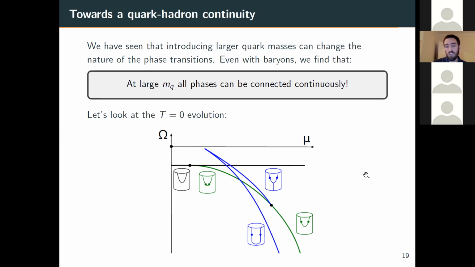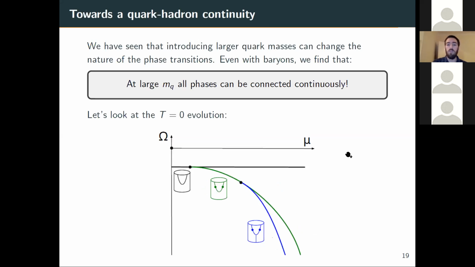The interesting thing is that if you keep increasing the mass, at masses higher than the physical pion mass, you can keep pulling from this blue curve, and you finally arrive at a continuous transition like this.